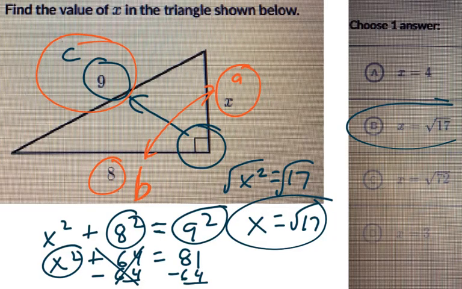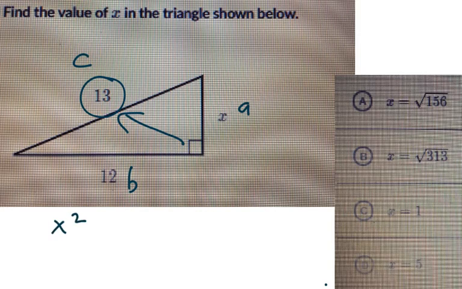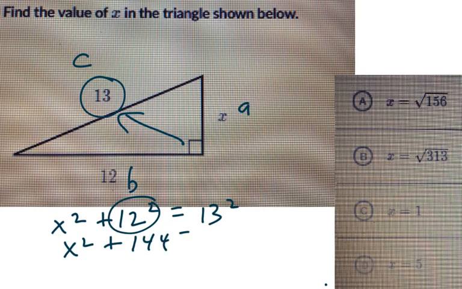All right, I think I have one more here for you. Notice the 13 is my C, guys. See how it's opposite the 90. X I'm going to call A, 12 I'm going to call B. So, A squared plus B squared equals C squared. X squared plus 144 equals 169.